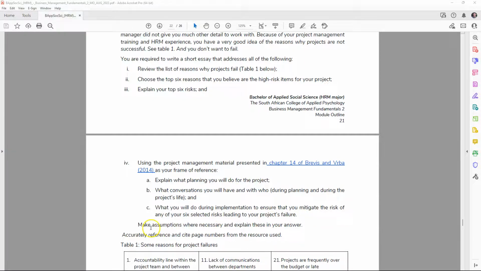Again, it's a case study, so you have room to make assumptions where necessary, but please explain these explicitly in your answer. And then, of course, referencing and citing applies to the whole assessment.